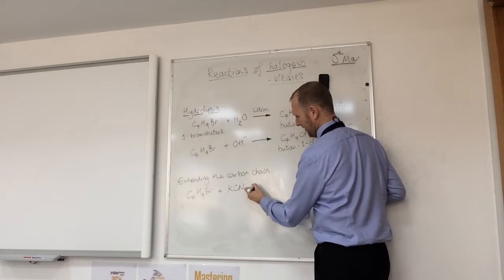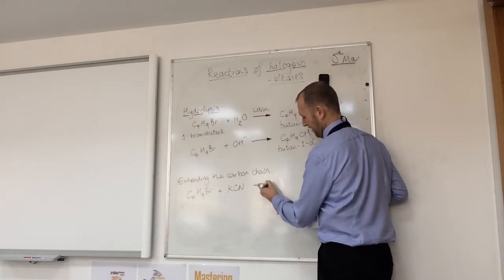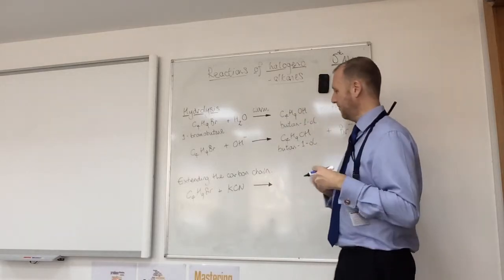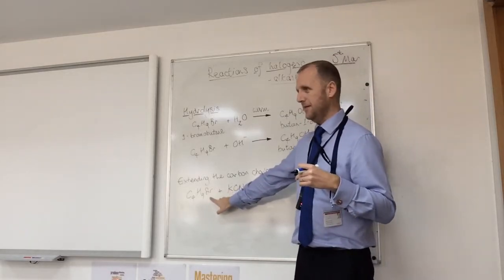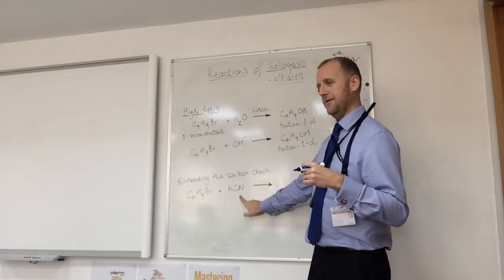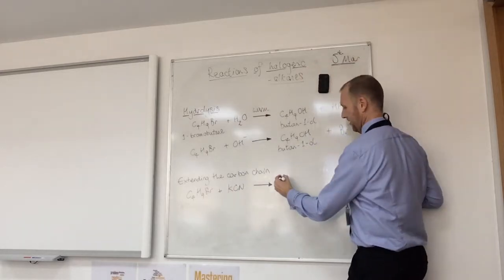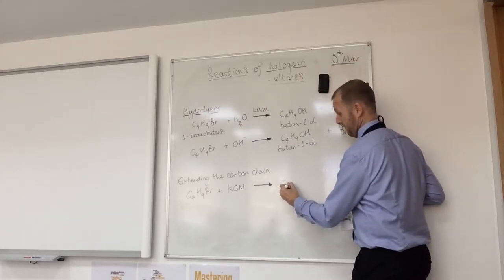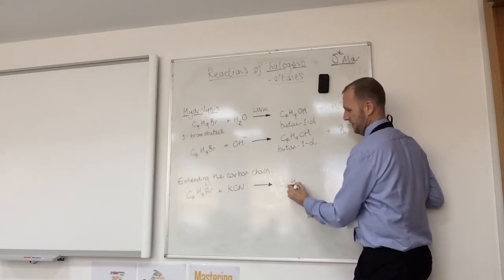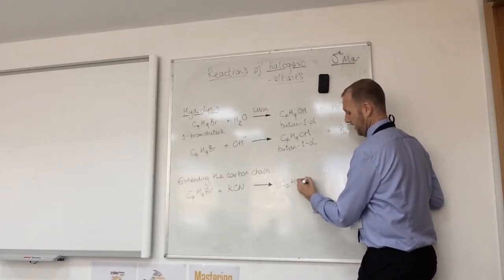But this makes a fairly interesting looking product. Again, it's just going to substitute out the bromine for the CN. So we end up with C4H9CN.